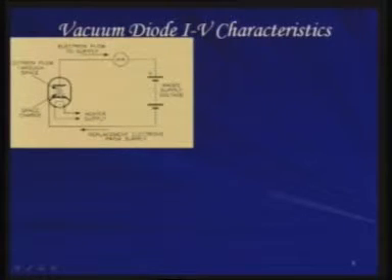In that case, these electrons accumulate in this region in between, which is called the space charge region. But as you start increasing this voltage, slowly we get a flow of electrons which get attracted to the anode, and you can measure it with a milliammeter here, which completes the circuit through the cathode.